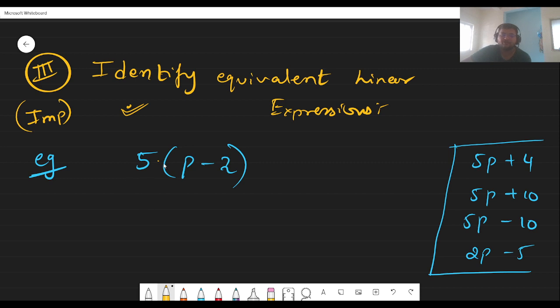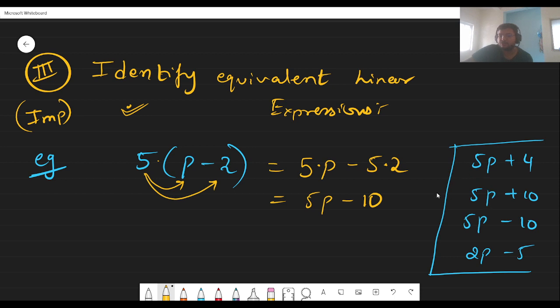So the 5 outside the parenthesis will be distributed equally to p and to negative 2. I multiply 5 with p and 5 with negative 2, so it gives us 5p minus 10. This will be our answer.